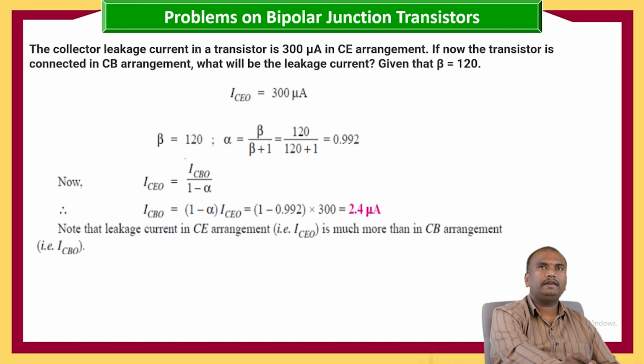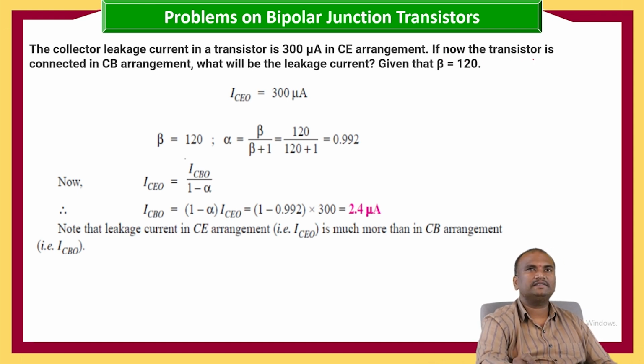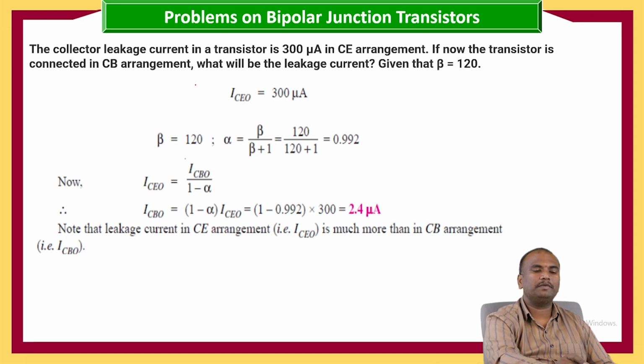The collector leakage current in a transistor is 300 microamperes in a common emitter arrangement. If now the transistor is connected in common base arrangement, what will be the leakage current, given that beta is equal to 120, where ICE0 is equal to 300 microamperes and beta is equal to 120?